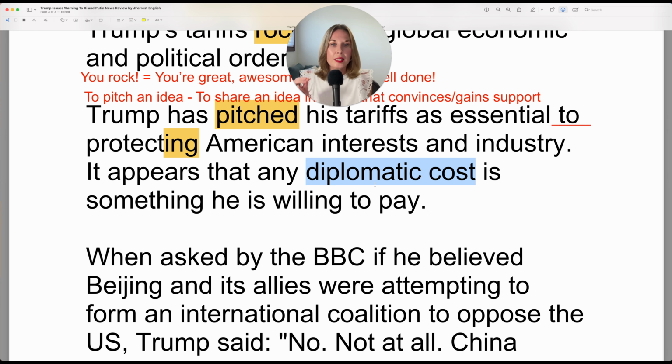He's willing to pay those costs. So this represents the downsides, the negatives of his tariffs. And it appears, we don't know this for sure, but based on his actions, we can assume this. Just like you can assume it's going to rain if you see really dark clouds.